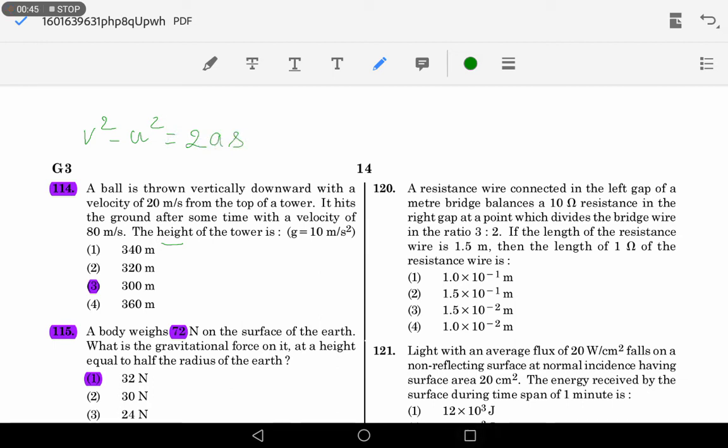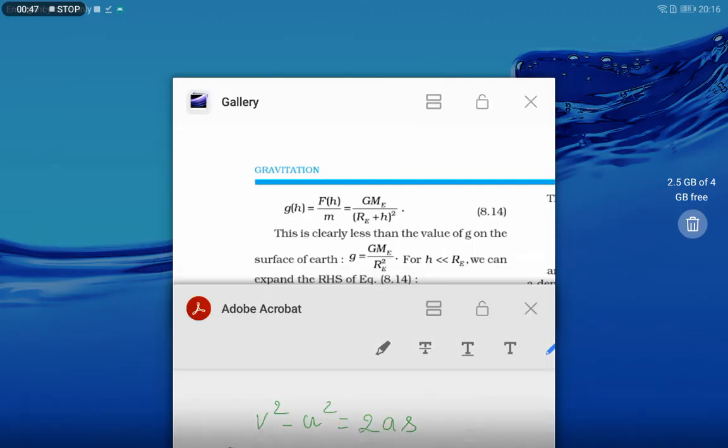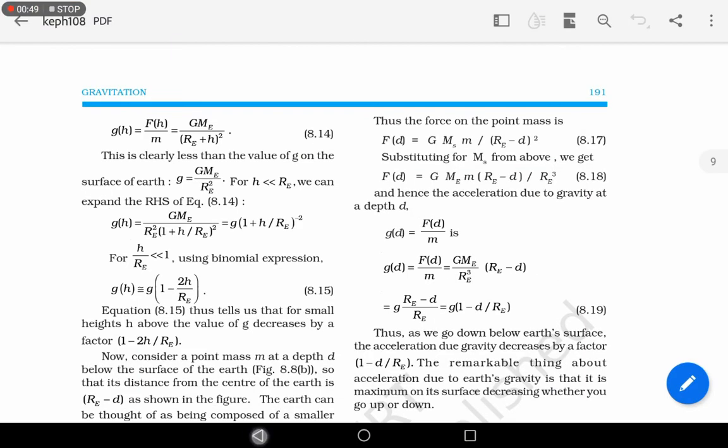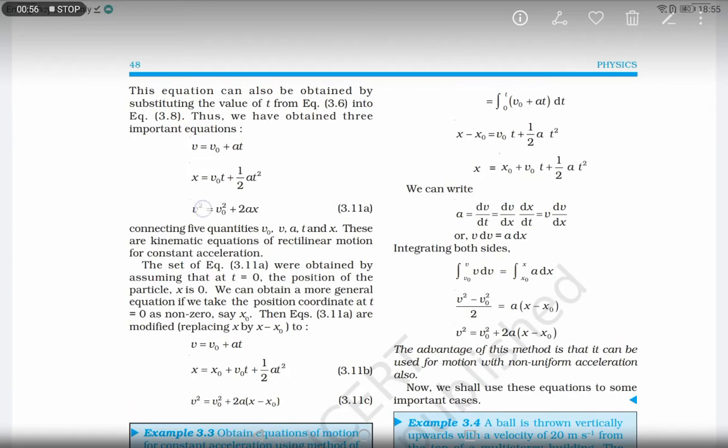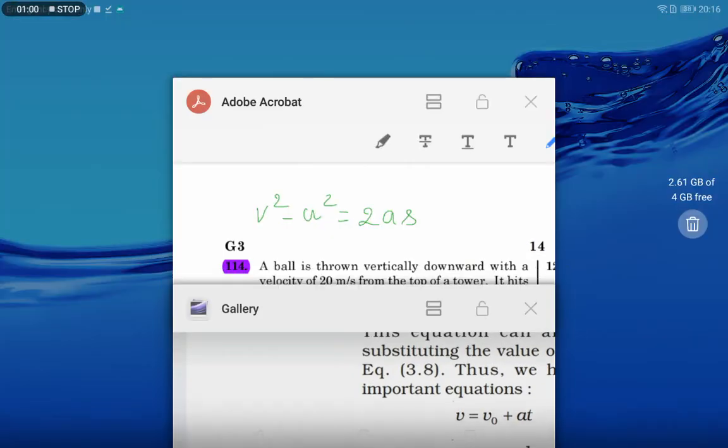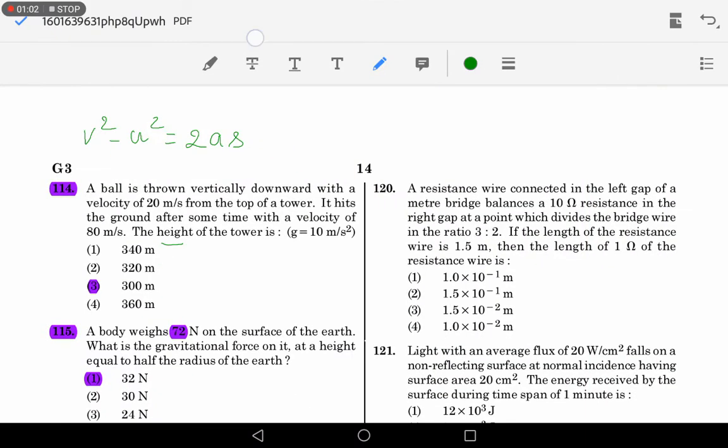The same line is also from NCERT in class 9 and also in class 11, which I will show you now. V square equal to v naught square plus 2ax. So v square minus u square is equal to 2as is the required equation.